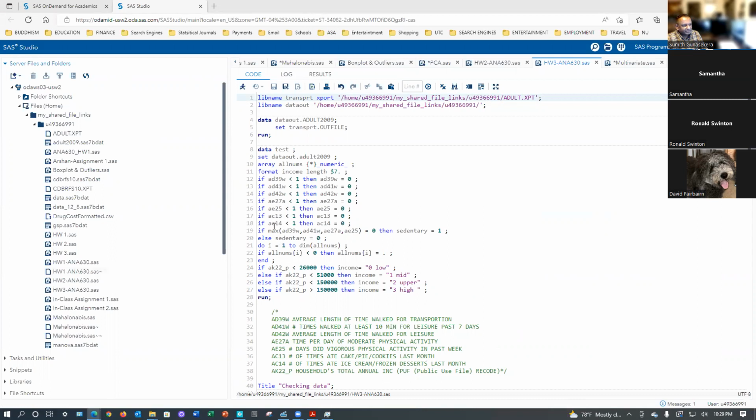Up to here, AC14, if they were less than 1, I put zeros for that one and get the maximum of these activities. If the max of these activities is 0, then you can say sedentary is 1, otherwise sedentary 0.